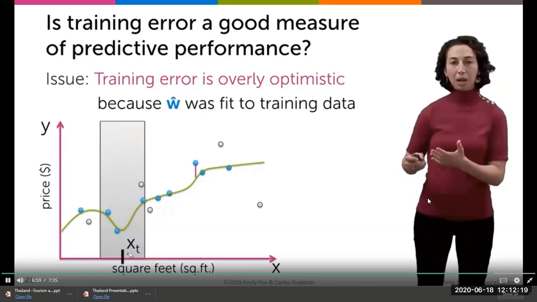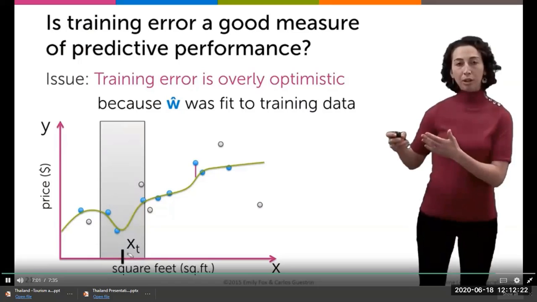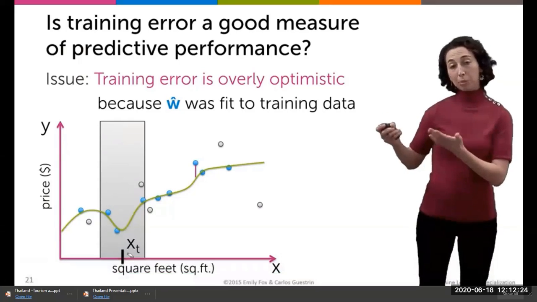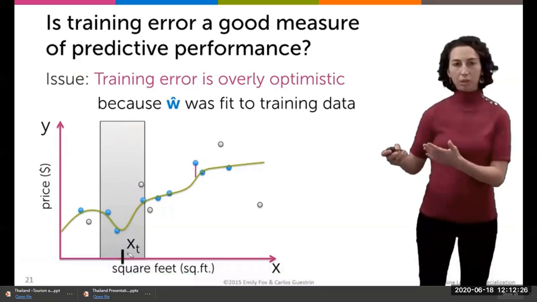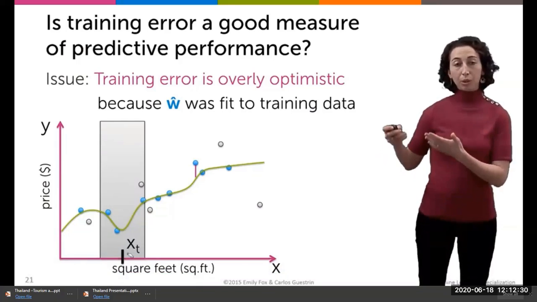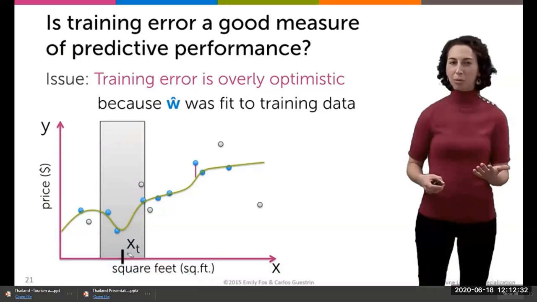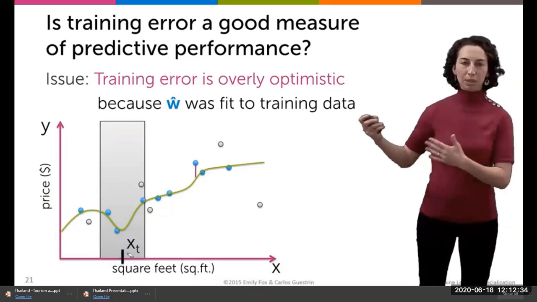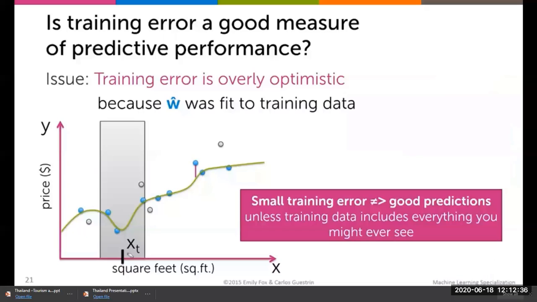They were fit to minimize this training error, minimize residual sum of squares, which can often be related to training error. And then we're using training error to assess predictive performance. But that's going to be very, very optimistic, as this picture shows. So in general, having small training error does not imply having good predictive performance, unless your training data set is really representative of everything that you might see out there in the world.